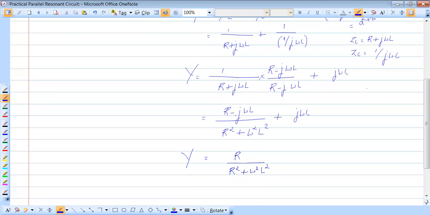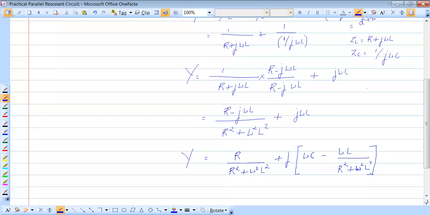Then you have a minus here. Shall we take minus j or plus j? Let's go with plus j. If I take plus j, this term would come first: omega C minus omega L divided by R square plus omega square L square. I hope everybody understands this.